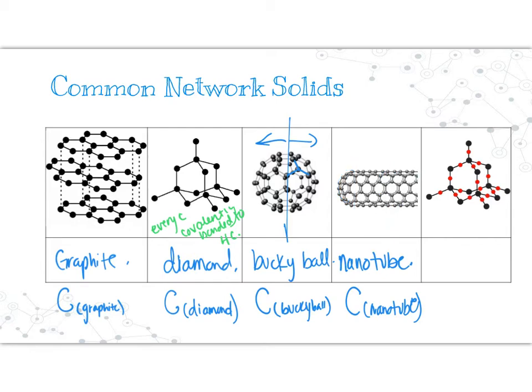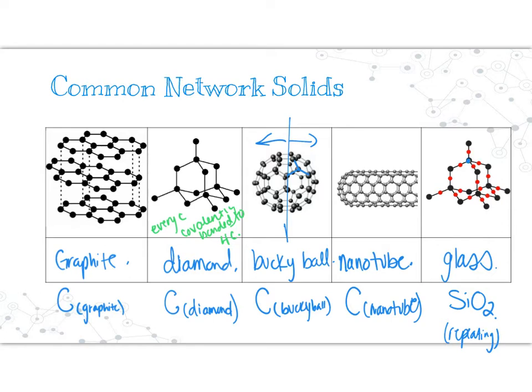And last but not least, so those were all of our carbon ones. The other one that we talk about is silicon dioxide. So this is glass. So silicon dioxide is the formula we write. However, it's like an ionic crystal in that it keeps repeating. All right, now let me just think about this.